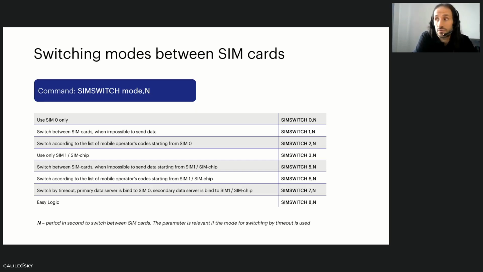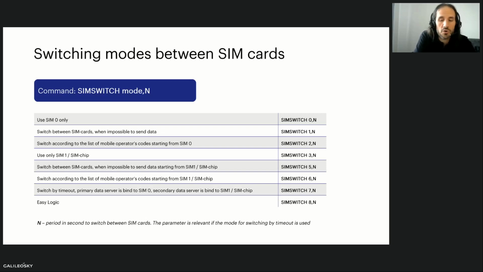I was telling you there are two modes, the simplest being mode number 0, and you can see here the switch modes 0 and 3. These modes only set one chip, one SIM card, either 0 or 1, and it will not switch.